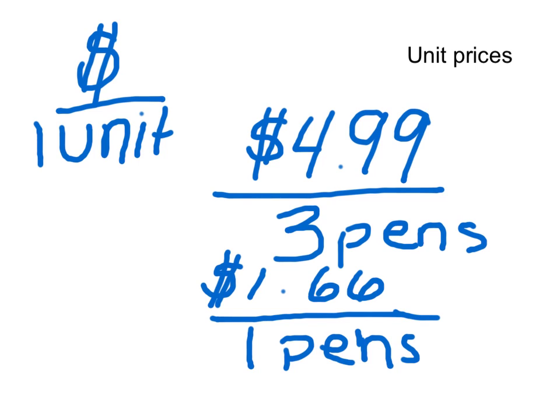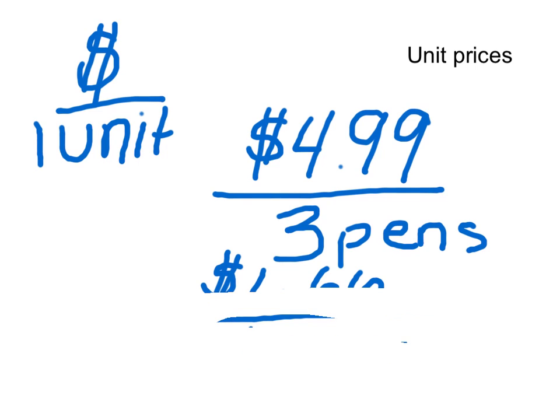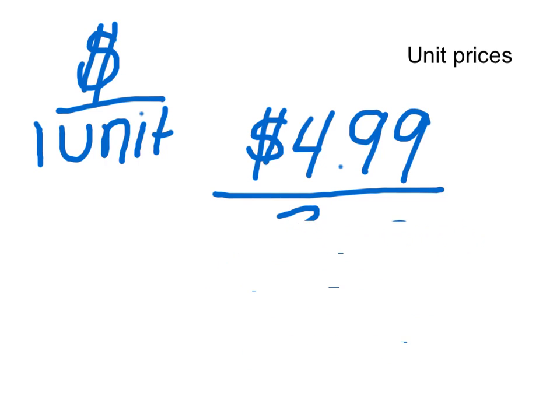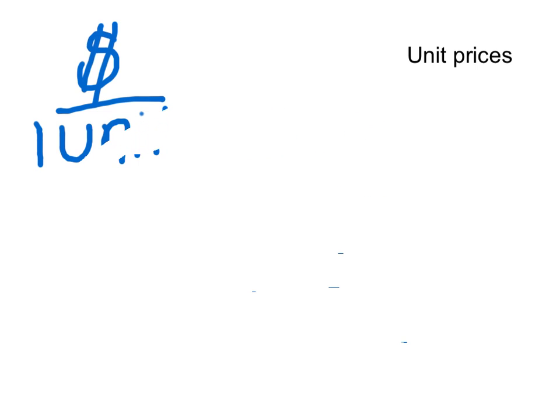When we do problems like this in class, in the book, we actually are asked to make comparisons. And so we're going to take a look at that by comparing the cost of 2 different things.